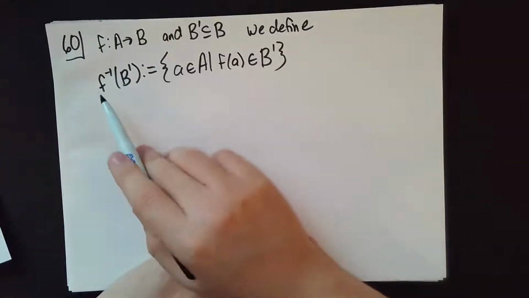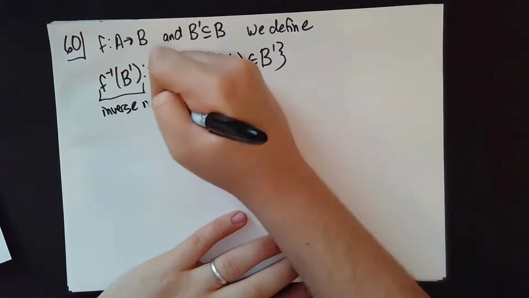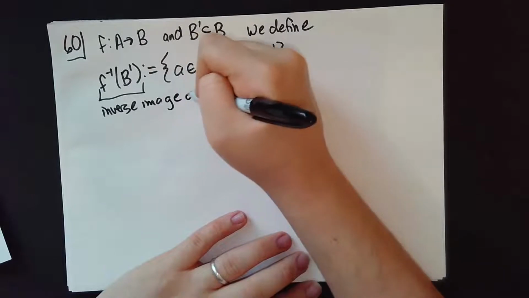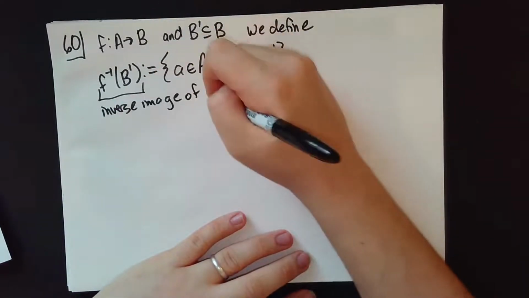Okay, so this is just the notation. This is the inverse image of B prime.